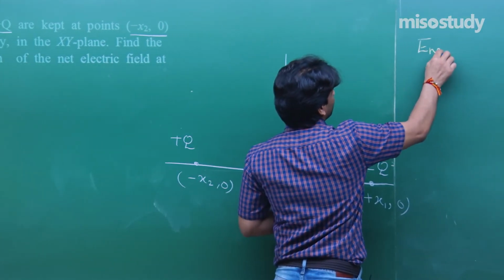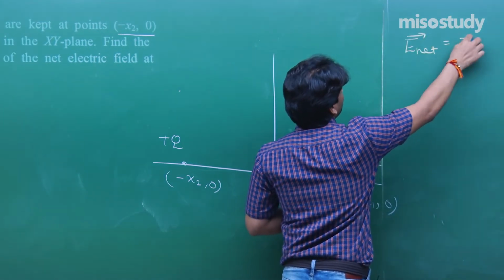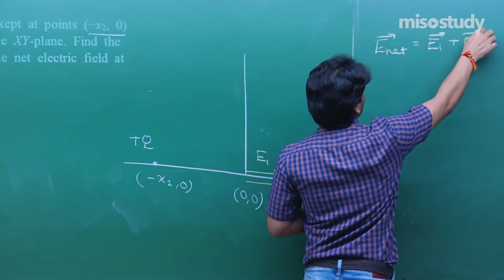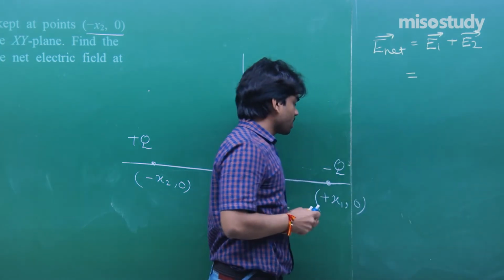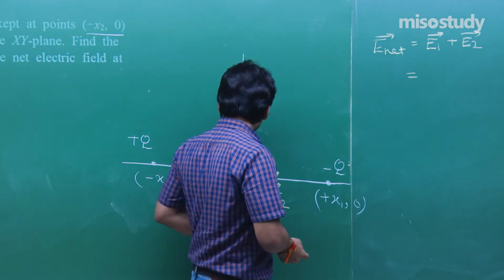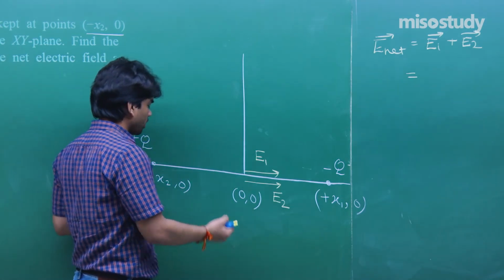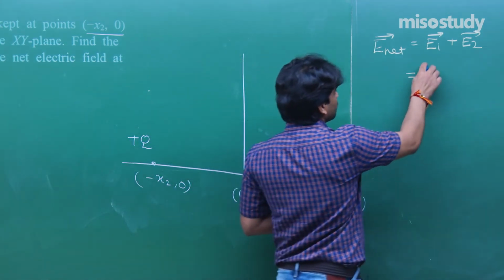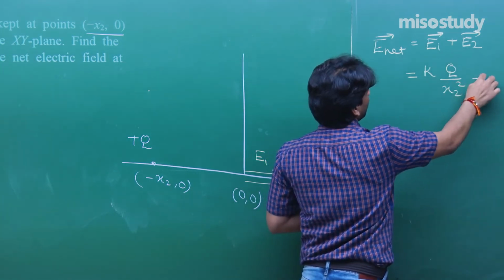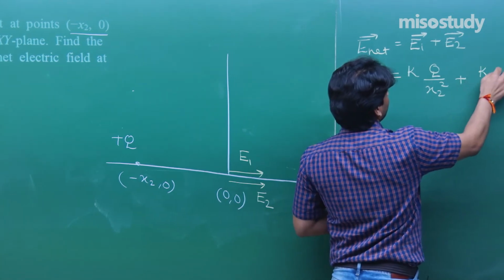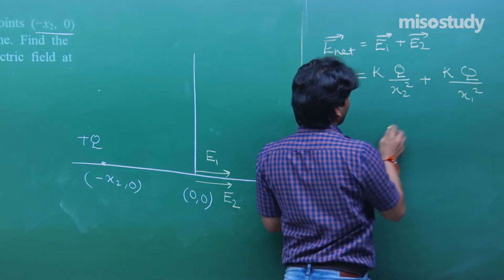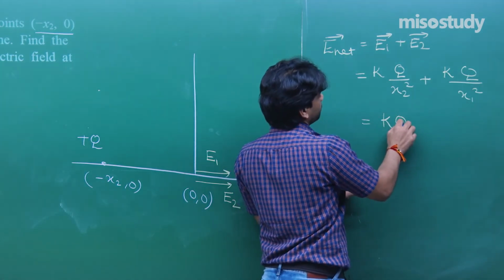E net will be equal to E1 plus E2, simply add them. E1, E2 can easily be evaluated. E1 will be k plus q upon x2 whole square, and plus k, it's minus q, so minus q upon x1 whole square. We are done, not too tough.